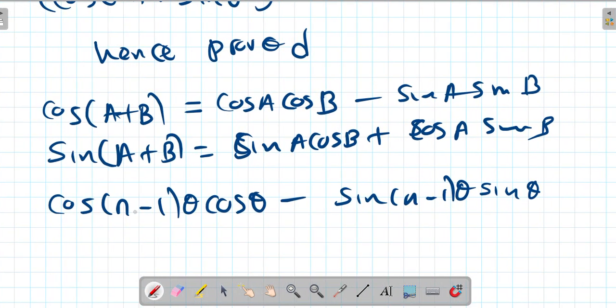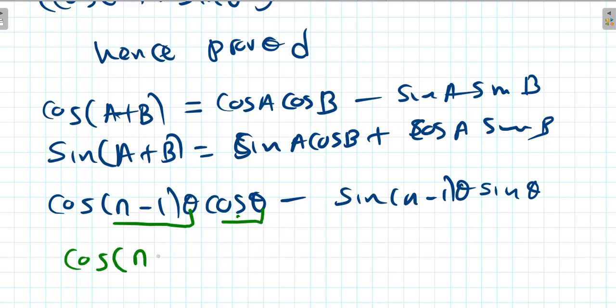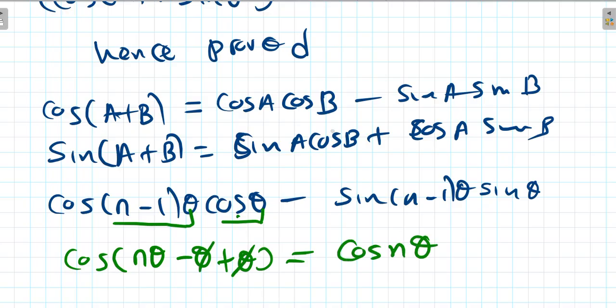So this is a and this is b. This will be cos of (n minus 1) theta plus theta, so the theta terms cancel, cos n theta.